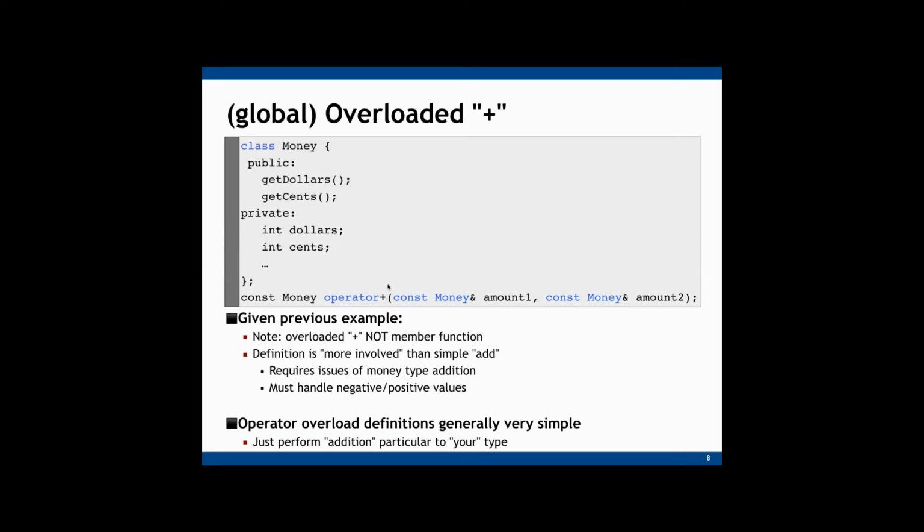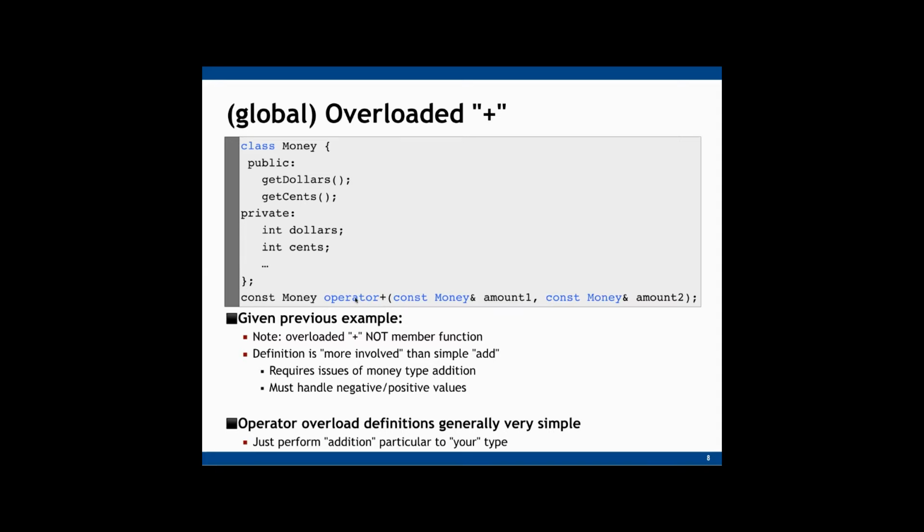If you look at this example, the overloaded plus operator is not a member function of the money class. So we are overloading the plus operator using a global function, which is defined outside of this class. As a result, it cannot access the private members of the money class. For example, here, dollars and cents are private members of this money class.